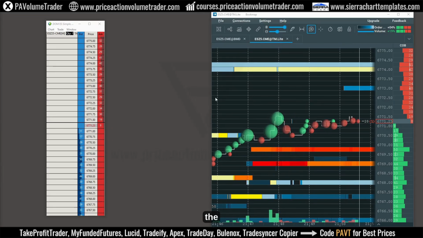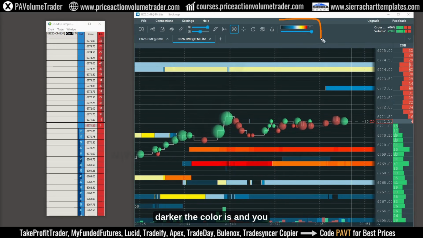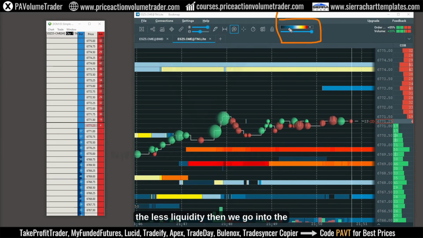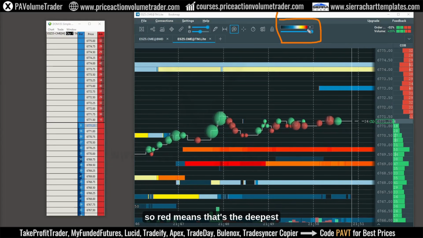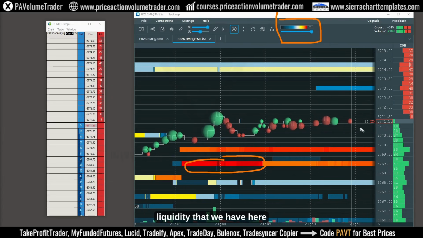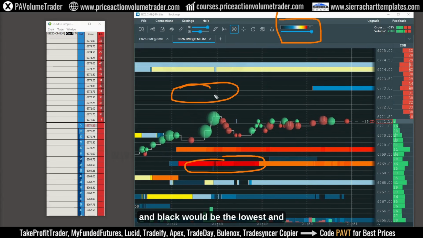With Bookmap, the darker the color is, and you can see by this scale here, the less liquidity. Then we go into the blues, whites, yellow, orange, and red. So red means that's the deepest liquidity that we have here on the screen at the moment, and black would be the lowest.